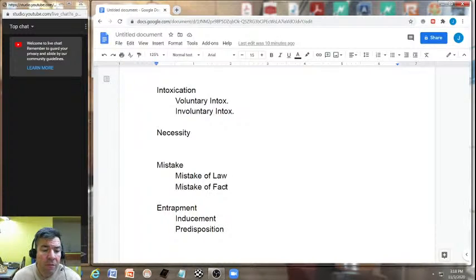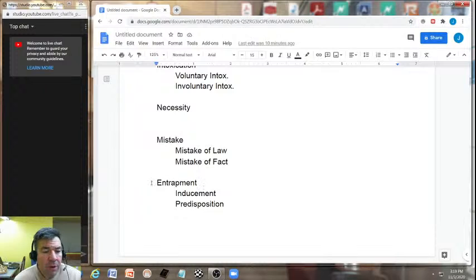A reasonable person in the defendant's position would have made that same mistake, and because of the reasonableness of that mistake, the party's criminal activity should carry with it the defense of mistake.